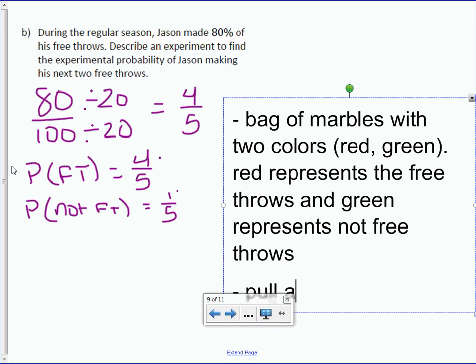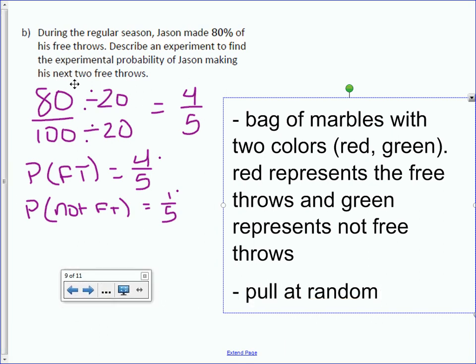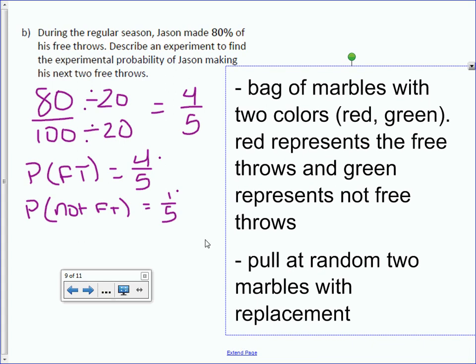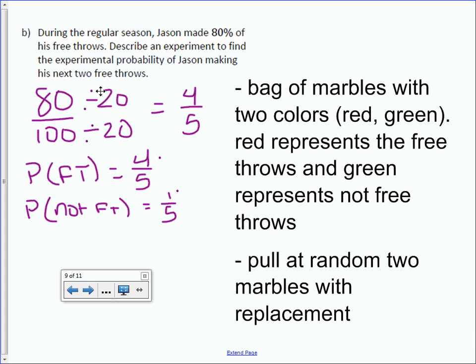You could then pull at random 2 marbles with replacement. And again, we want 2 marbles because it's the next 2 free throws.